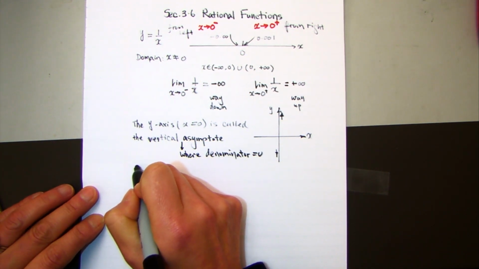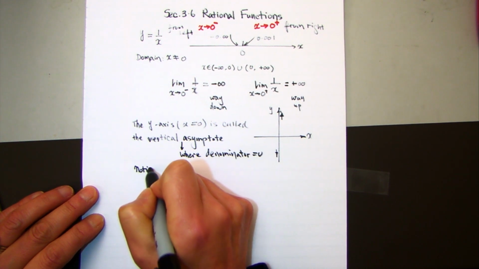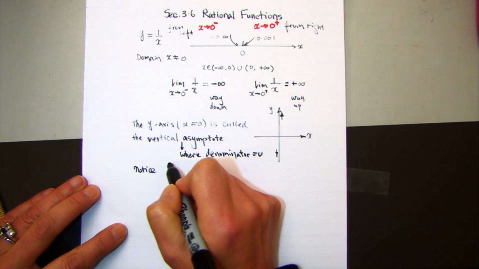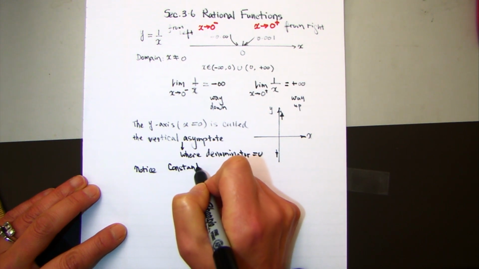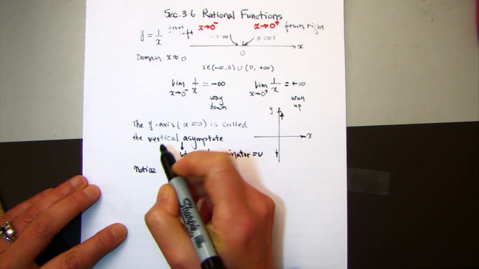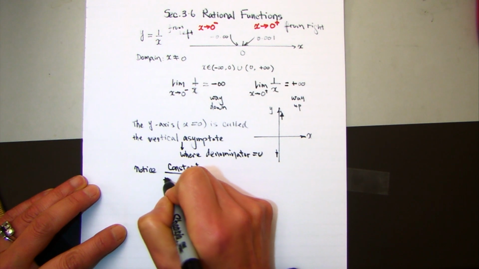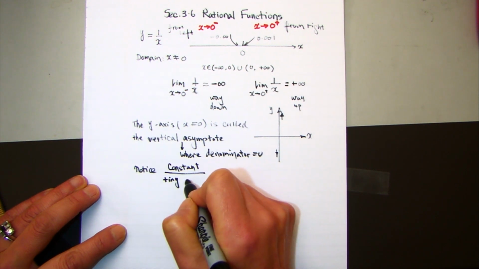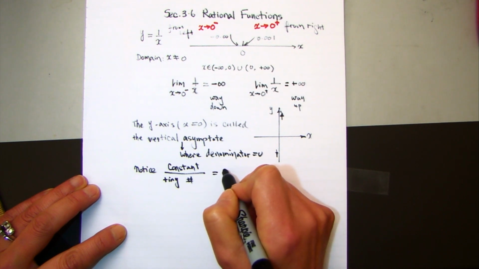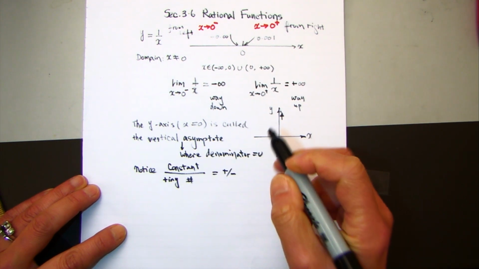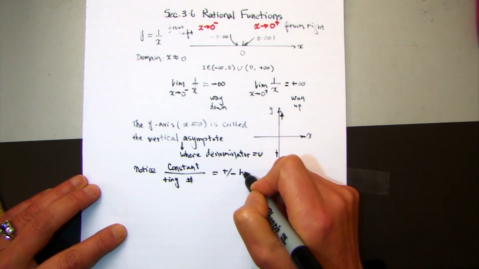And also notice, okay, a constant divided by a tiny number equals either a positive or negative huge number.